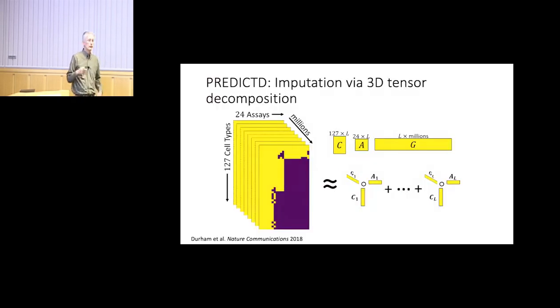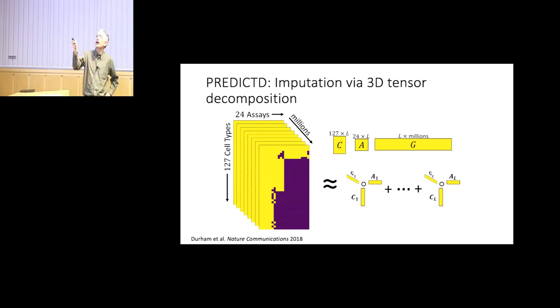So the relatively straightforward idea in this first project was to try to do this, but instead of a matrix, use a tensor. The tensor version of matrix decomposition was described back in 1970. It's called Parafac. But the basic idea is exactly the same as what I just described to you, except that instead of movies and users, we have cell types, assay types, and genomic positions.